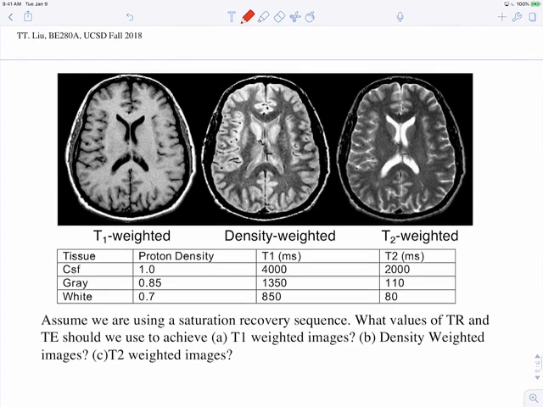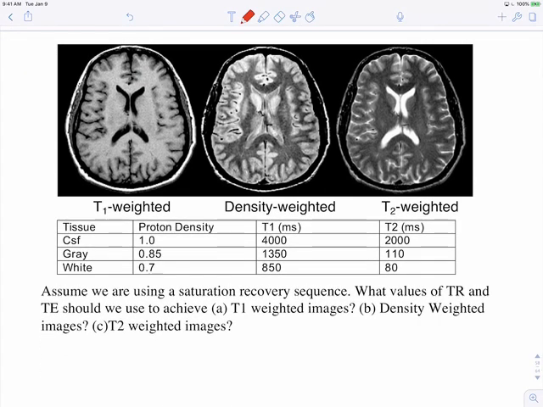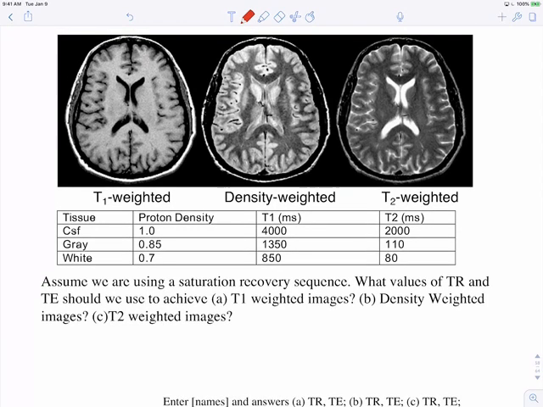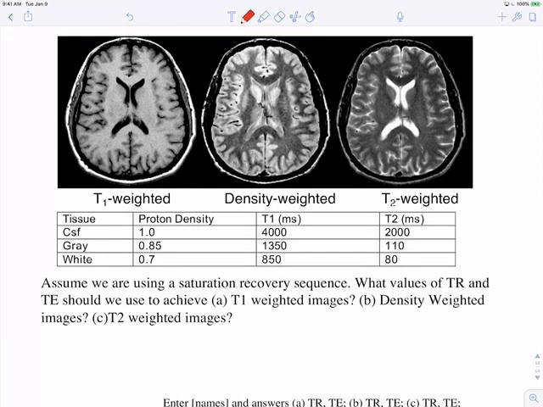Okay, so we're going to end here, and this is the assignment we'll pick up on Monday. We'll start off on Monday with a few minutes for you to enter your answers for this. Here's the question. You are given these three different tissues and the parameters, the proton density, the T1, and the T2.